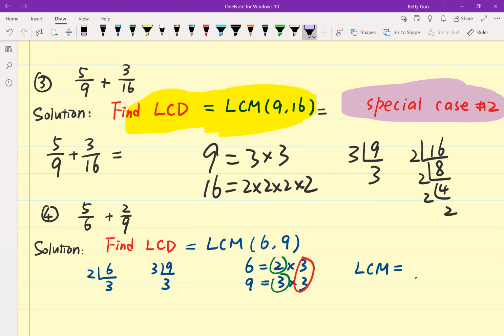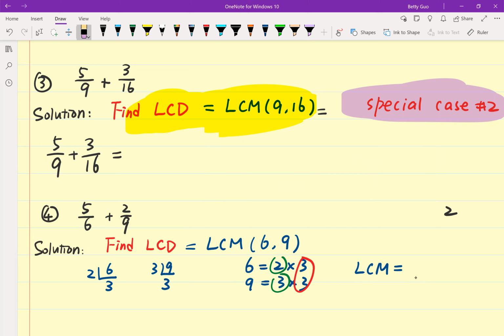So you guys tell me, what's the LCM of 9 and 16? 117? Really? So how do you get that number? It's not 144?